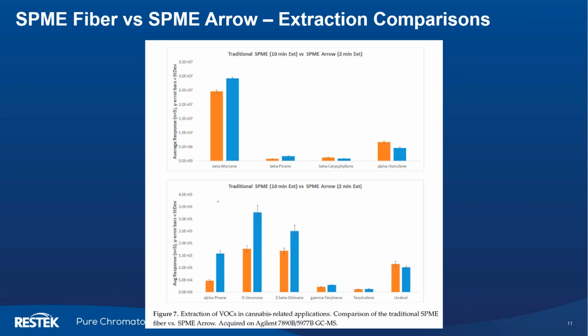You can see how the SPME arrow is outperforming the traditional SPME fiber, or is very comparable, just with a much shorter extraction time. So that's really the advantage of the SPME arrows. You can reach good levels of analyte extraction very quickly compared to a traditional SPME fiber.